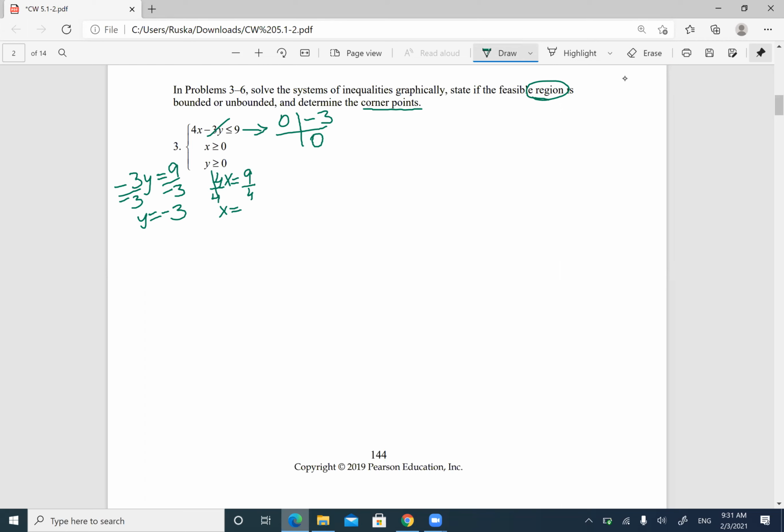You can get the decimal. What is that? 2.25. Good job. So that's my x, 2.25.